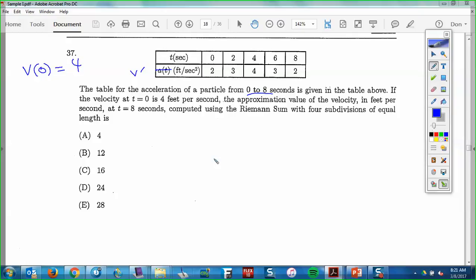I would call that v prime. So the approximate value of the velocity in feet per second at 8, so they're wanting v sub 8. They're wanting that, right? So tell me what I can do with v sub 0, v sub 8, and I've got v prime.